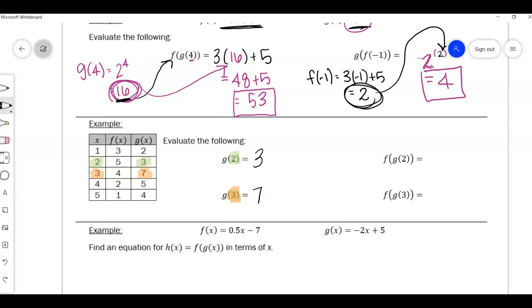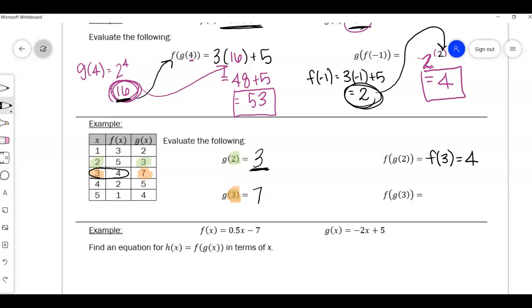So now that we know that g of 2 is 3, we're going to plug 3 into f. Looking at the table, when we plug 3 into f of x, we get out 4.